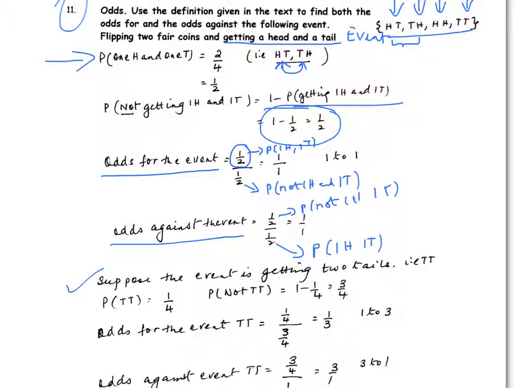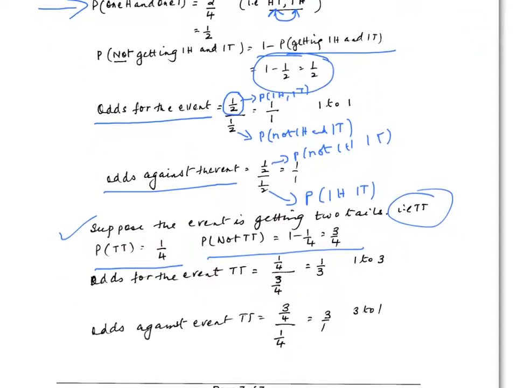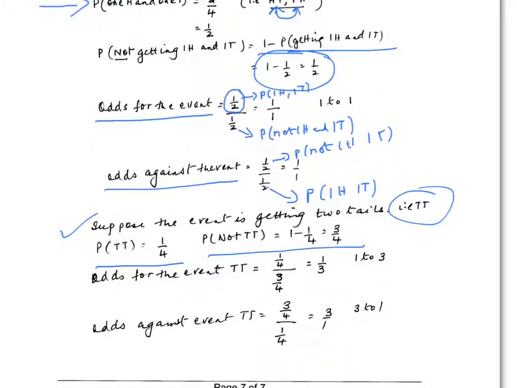Let's consider an example where we're interested in the event of getting two tails. That's TT. The probability of getting two tails is 1/4. The probability of not getting two tails is 1 minus the probability of getting two tails, and that's equal to 3/4. What are the odds for the event TT?